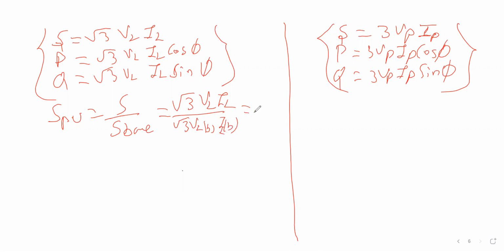Okay, so that could be written as your V per unit into I per unit.